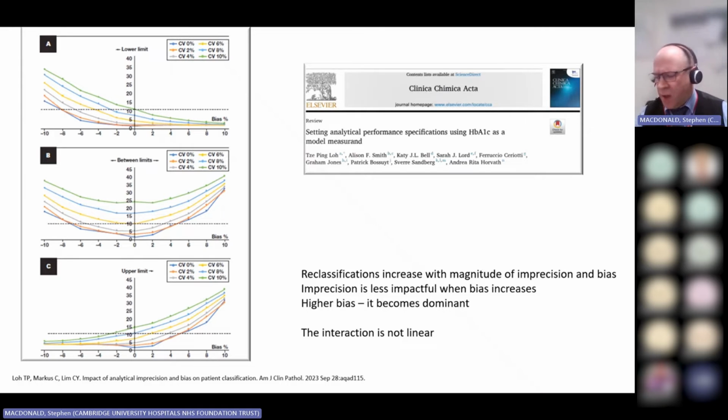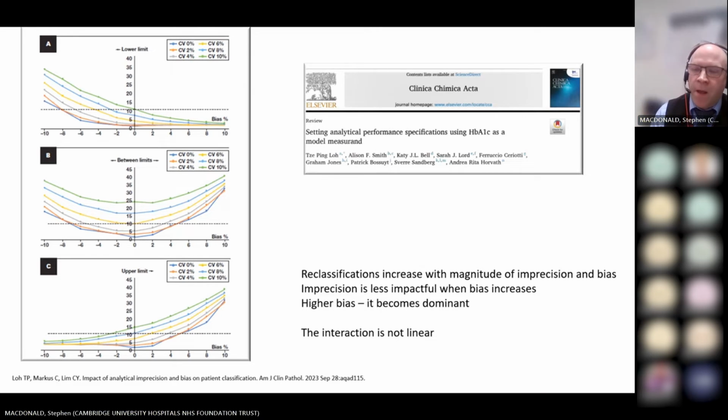And that's really important work, because it now gets us away from thinking about linear combinations of different sources of error. The magnitude of the imprecision is exquisitely related to what the bias is. And combining maximum allowable error from both imprecision and bias needs to be thought of very carefully.